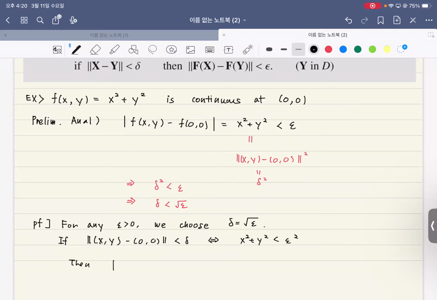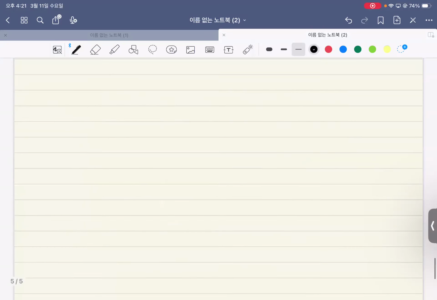Then f of x, y minus f of 0, which is x squared plus y squared, is less than epsilon. Okay.